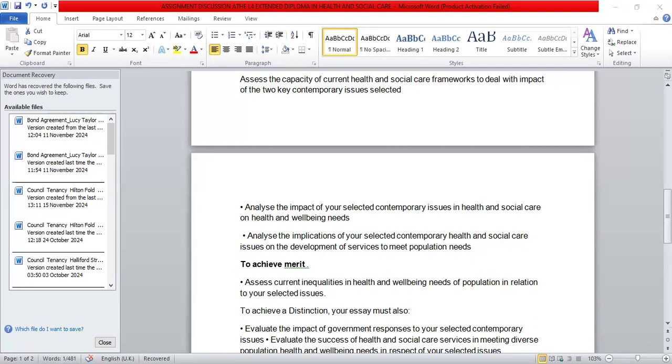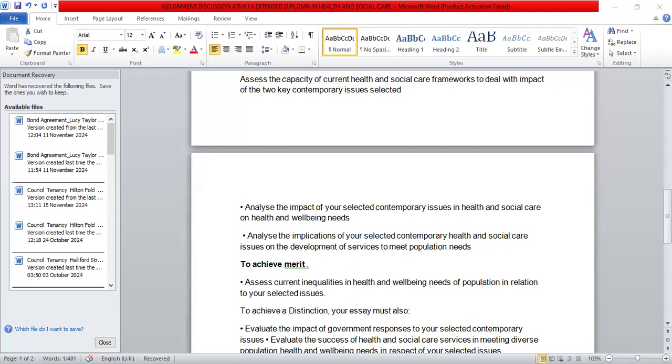We say that in 2.2, learners, you should be able to focus on two specific issues, only two, and analyze the government and regulatory responses to this, looking at the government policy and initiatives. So maybe there's an issue about inequality.